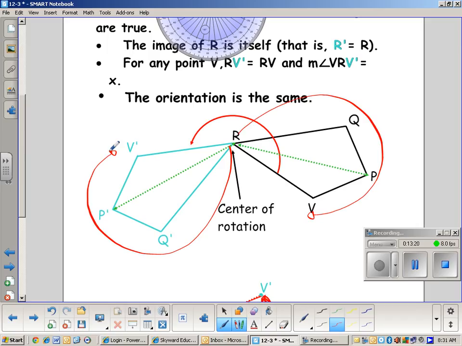Okay? And if we connect that to what we were doing yesterday and the day before, we rotated by reflecting twice, right? What happens to orientation when I reflect once? It flips it over. Remember, you look in the mirror, you raise your right hand to your right cheek, it looks like you're raising your left hand to your left cheek, right?